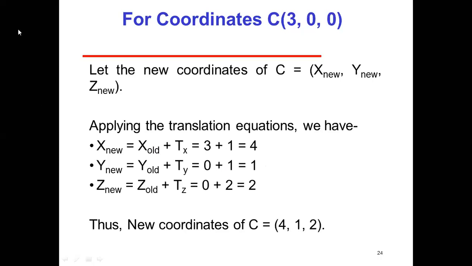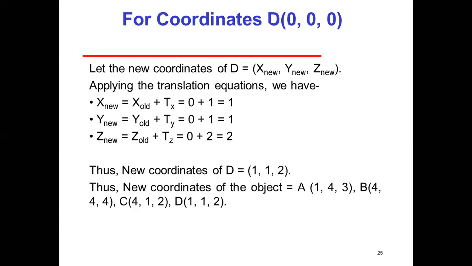Similarly, you can calculate for vertex C. Again, you will use the same equations, x old plus dx, y old plus dy, and so on. In a similar way, you can calculate the new coordinates for each vertex. These are very easy to calculate.